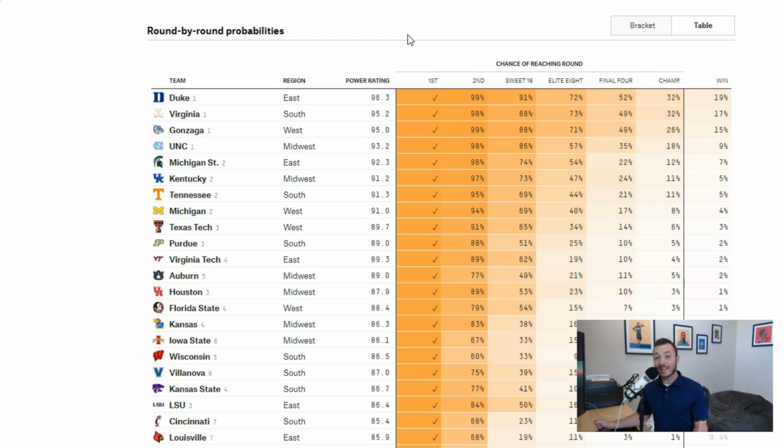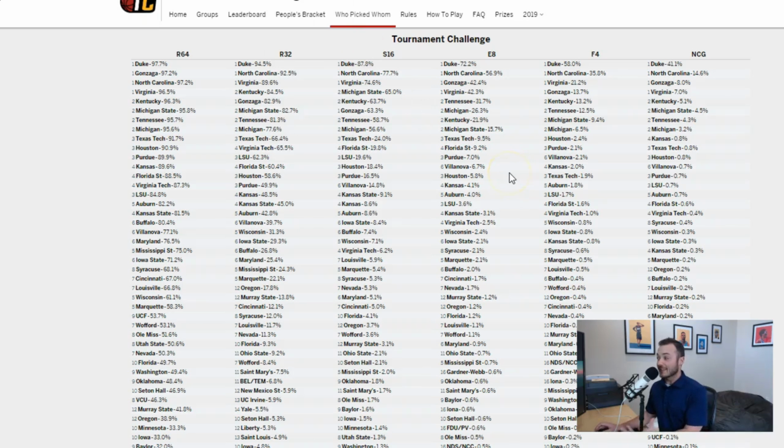Now 19% is the highest of any team, but when you look at the fact that 41% of the field on ESPN picked Duke, that's a leverage spot, right? So 80% of the time, these 40% of the people are going to be wrong that Duke is going to win the national title. So those are the leverage points that we're looking at.